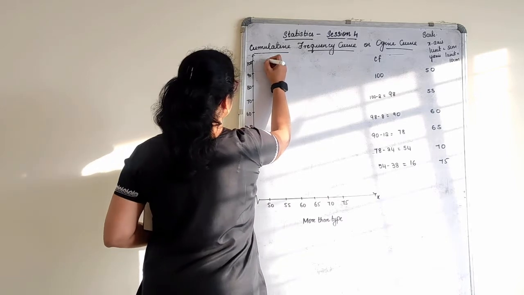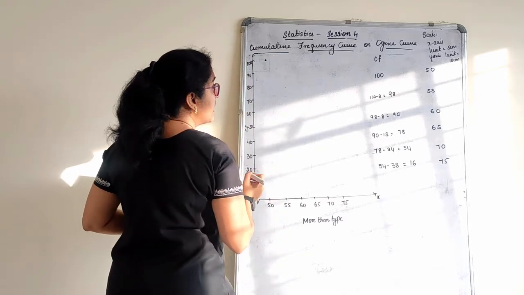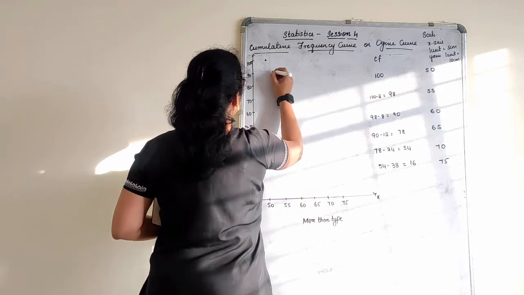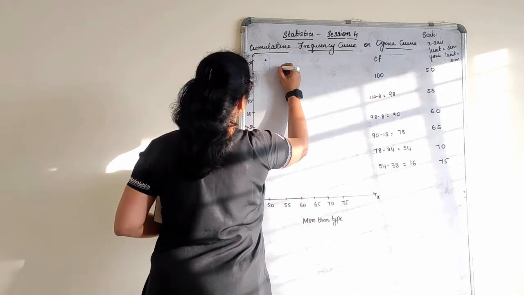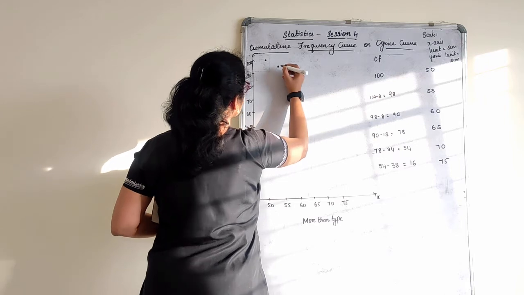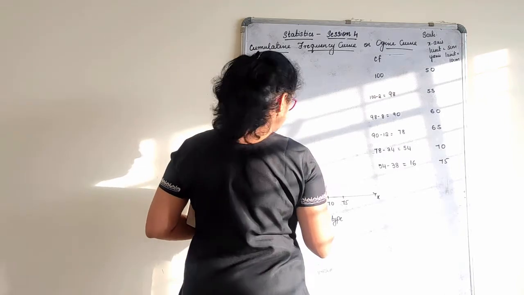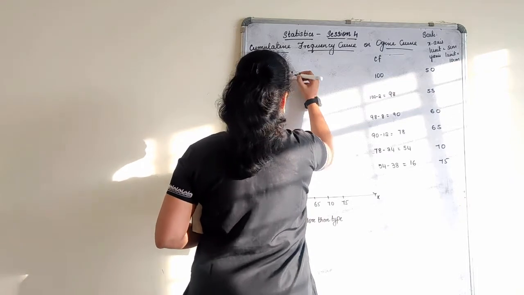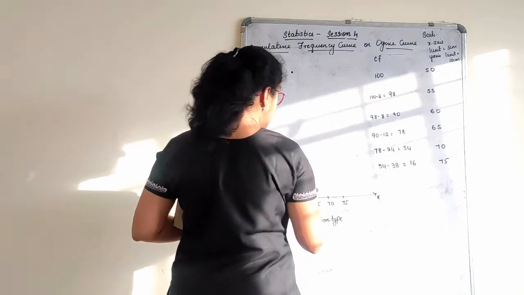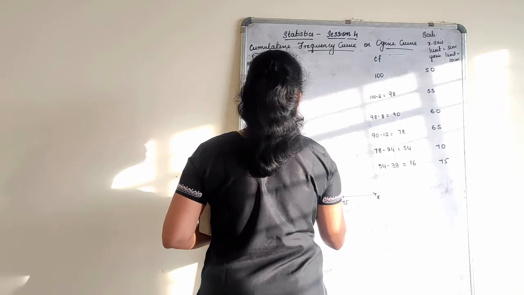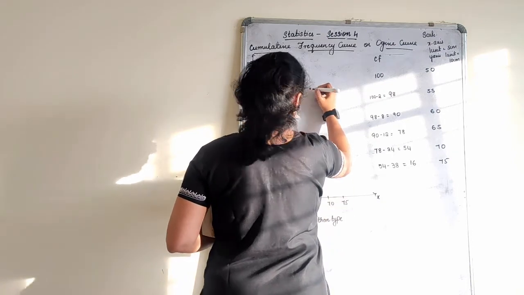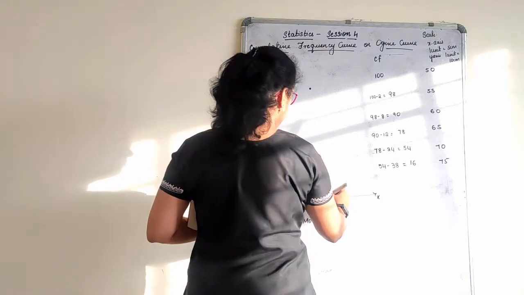So more than type, first is 50. 100, then next is 55. 55 is 98. Then 60 is 90. Then 65 is 78. 70 is 54.